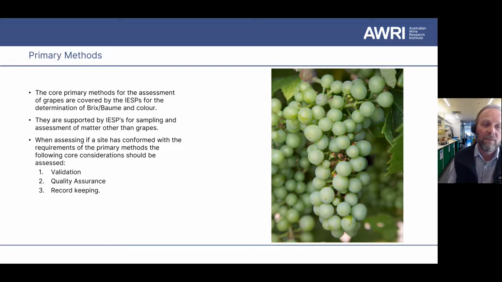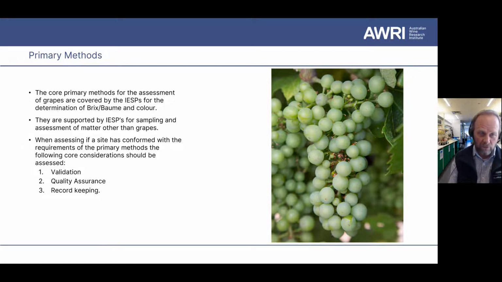Now, the core primary methods for the assessment of grapes are covered by these IESPs. And as I said, they cover Brix and Baumé, also known as total dissolved solids, and regularly just referred to as sugar and color.